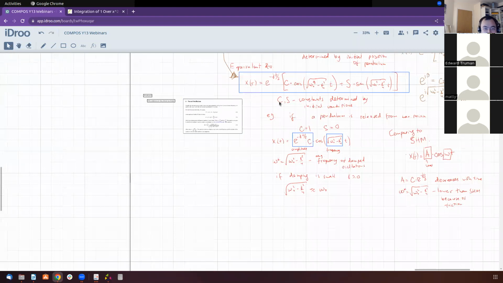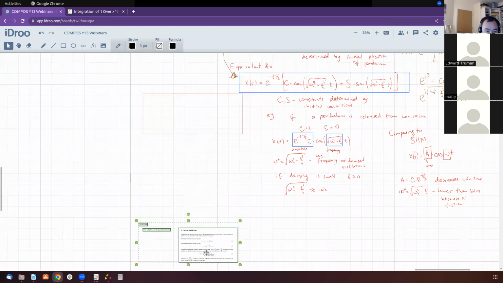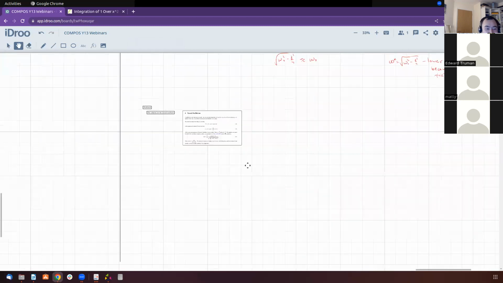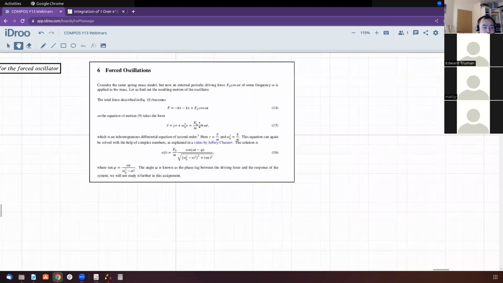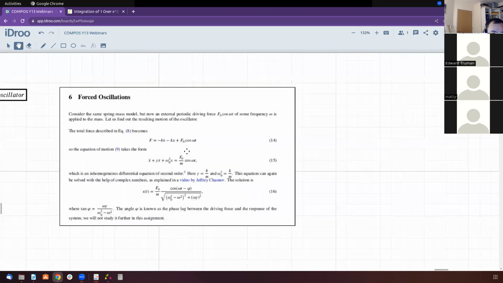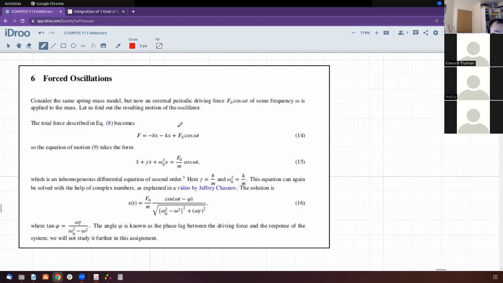Let's look at the forced oscillations as well. This is a very important piece of physics. The solution for a forced oscillator. For the damped oscillator, the equation was x double dot plus gamma x dot plus omega 0 squared x equals 0.